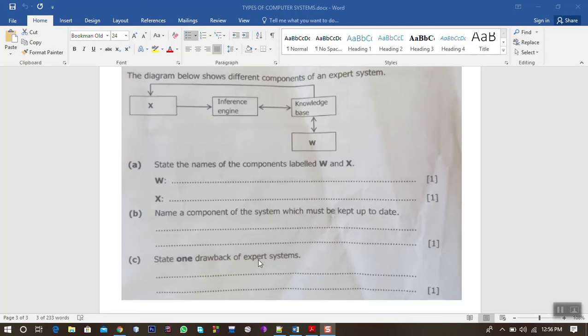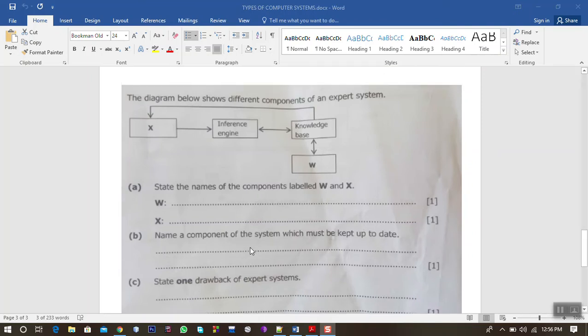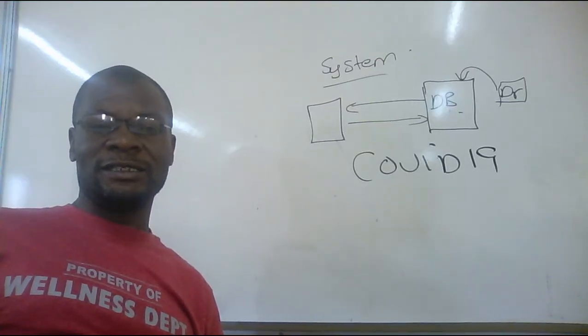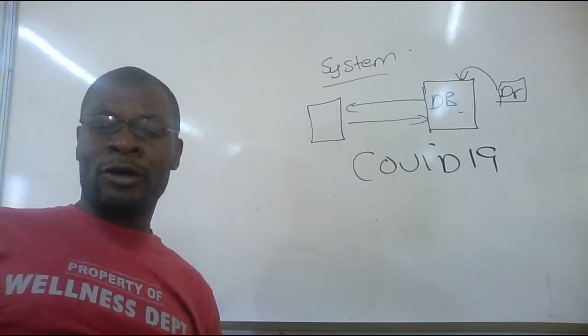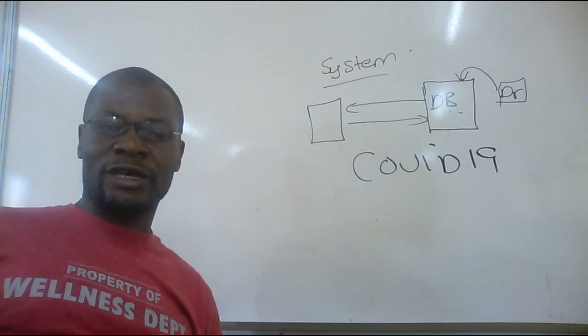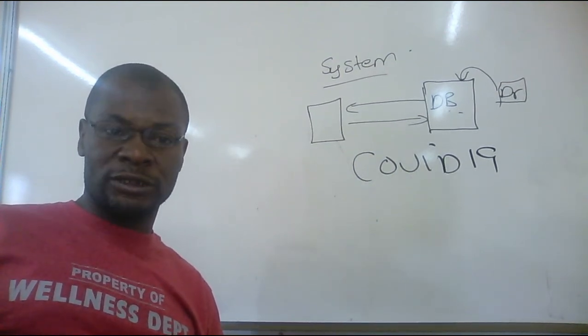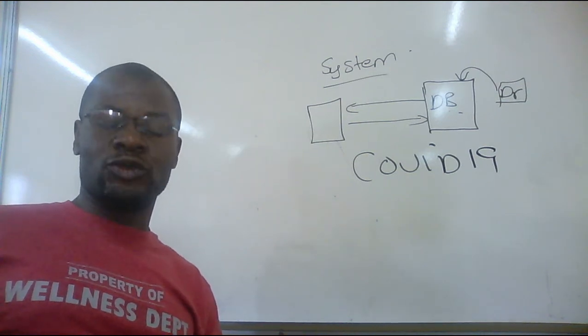State one drawback of an expert system. I've given you a lot of disadvantages, and those are the drawbacks of these. Lack of creative response, like a human being can. We are humans. We are creative. And I normally say this in class, that we are sons and daughters of the Creator who created us to be creative. We can come up with new imagination, but the system won't, unless you tell it what to do.